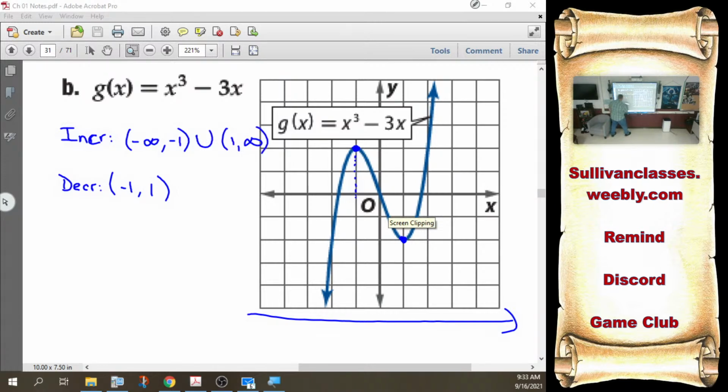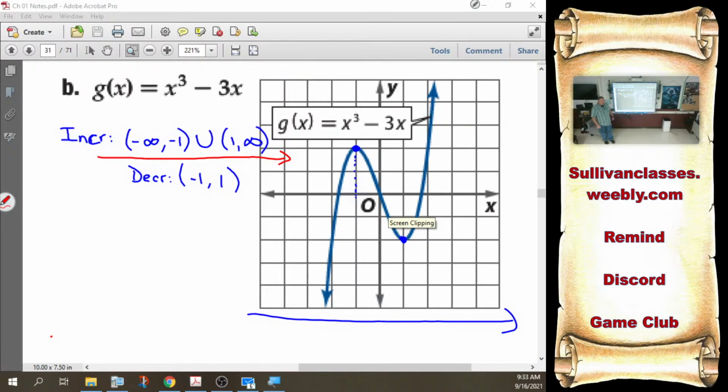Say if I take this part here and I move it over, do you see how this is a number line? Negative infinity to -1, -1 to 1, 1 to infinity. As x's do this, my y's are increasing or decreasing. Okay?